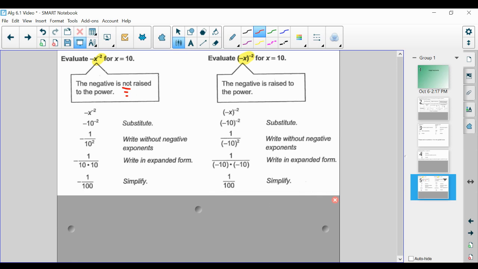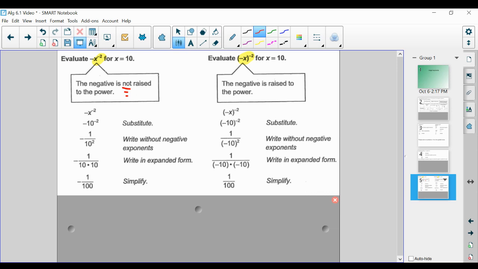And it was all because of the subtle differences with the negative sign and our variable. If it is included within the set of parentheses, everything inside the parentheses is getting raised to that exponent, like it was on the right-hand side. But on the left-hand side, it was the negative sign and then the variable getting raised to the exponent.